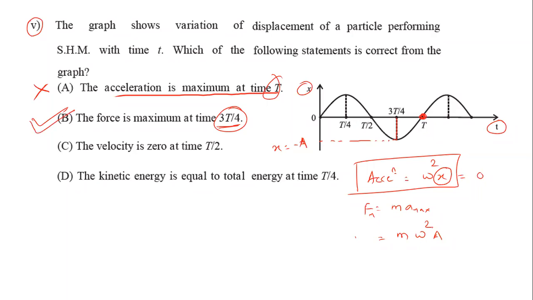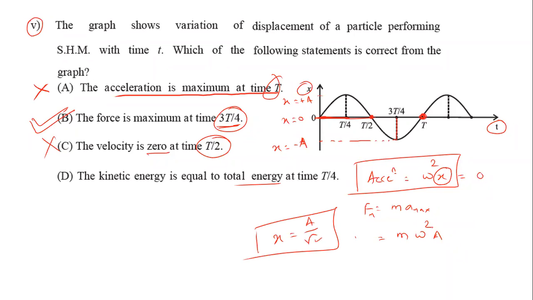Now the next one, we also discuss: velocity is 0 at T by 2. This is T by 2, this is the mean position. Listen, this is the mean position, because at T by 2 x is 0. X is 0 means velocity is maximum, not 0. So this is wrong. Kinetic energy equal to total energy: kinetic energy is equal to total energy only when x is equal to a by root 2.